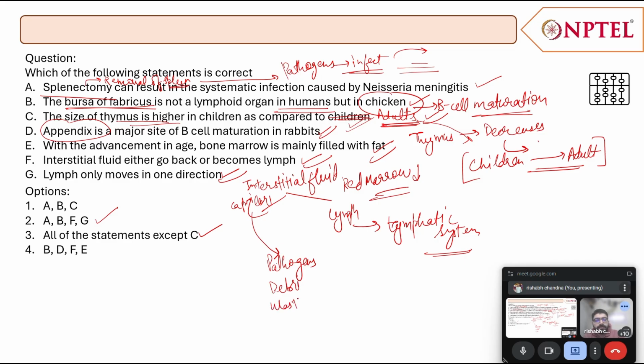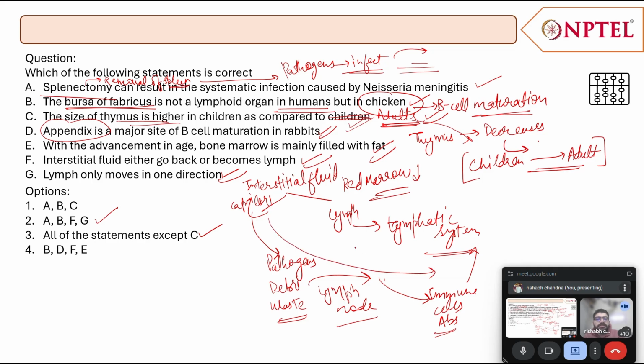When it moves through the lymph node, it drops all the pathogens there, and from there it carries the immune cells and antibodies to the different organs. So there is only a single flow, it moves only in one direction.